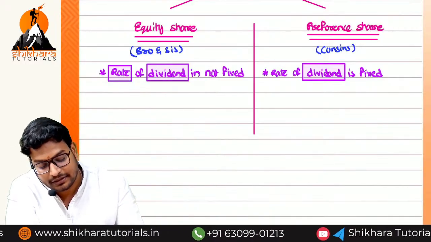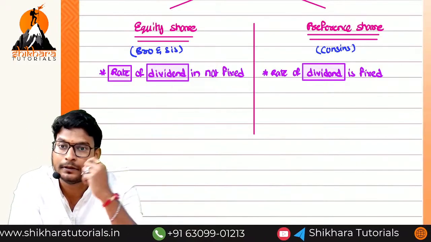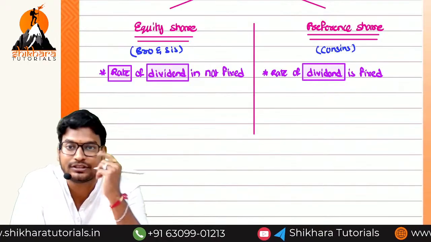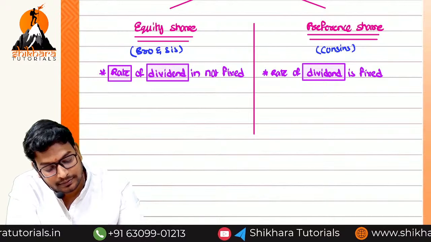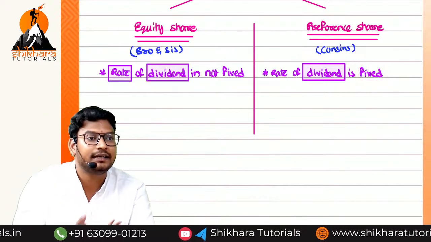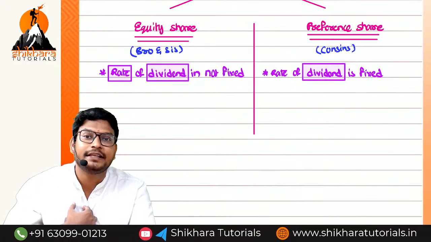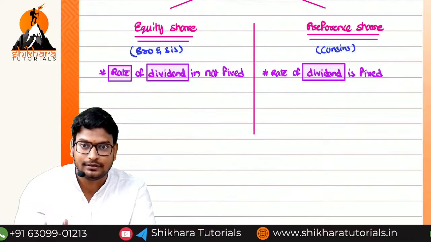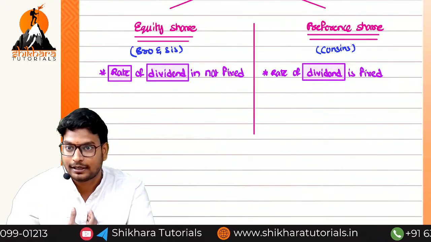For the equity shareholders, is the dividend rate fixed or not fixed? Not fixed. It will fluctuate. But the dividend rate is fixed for whom? The preference shareholders. Generally, if you have seen, when our cousins come to our home, preference will be given to whom? Our cousins. First we will satisfy whom? Our cousins. Then only after that we will eat. Are you getting the point or not?